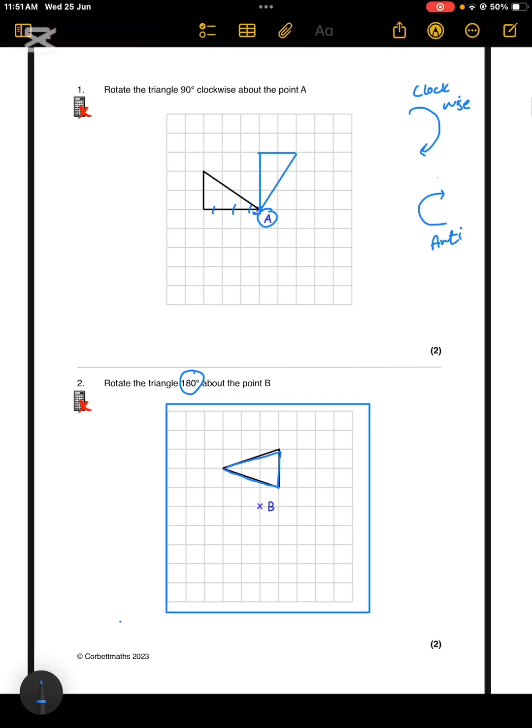Understood? So there is nothing to be confused about the clockwise or anti-clockwise direction for specifically 180 degrees. Understood? Okay, so when I rotate this object by putting my pencil on this point B, this image will form like this.